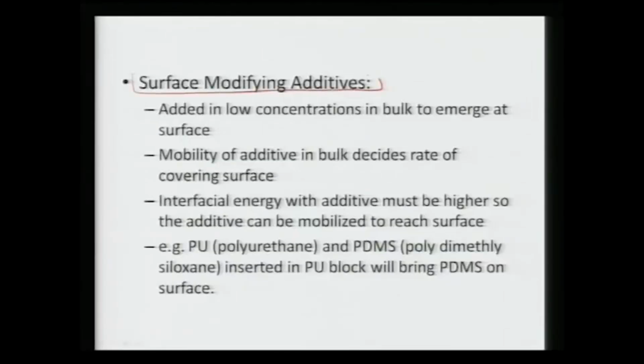In the second category of surface coating or inducing thin films, we have something called surface modifying additives. In this case we add a low concentration of a particular material in bulk, which then emerges at the surface. Just to give an example, if we take a polyurethane matrix bulk and we have certain chains which have a polyurethane head and a PDMS chain group.